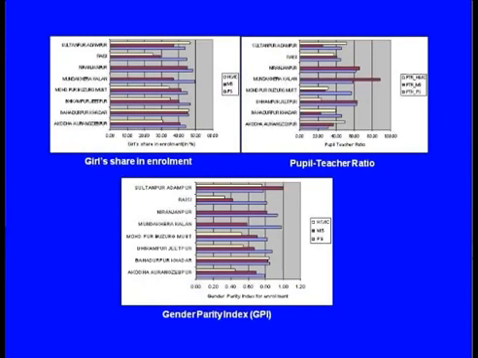Further, the girls' share in enrollment in comparison to boys, and pupil to teacher ratio, are also not very good. The majority of these schools have a pupil to teacher ratio of about 50%, while the gender parity index shows how the enrollment at different levels has been incorporated at different locations, and we find that this is very poor.